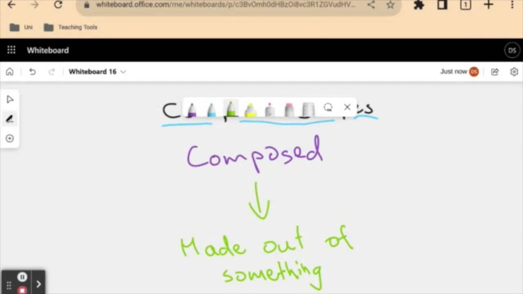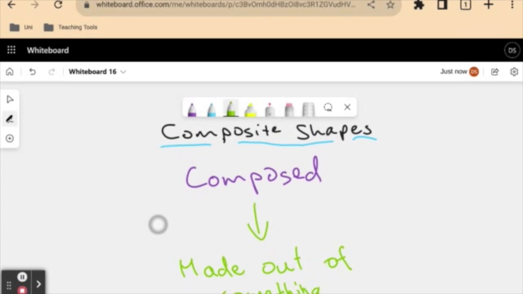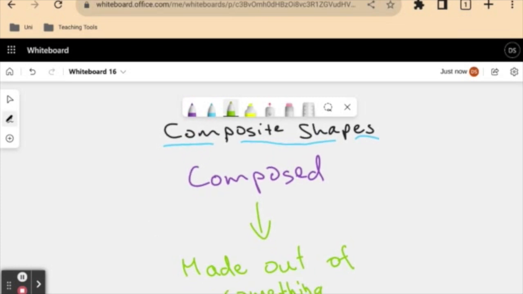And this definition that we've laid out, this idea of something being made out of something, extends to our idea of composite shapes. Our composite shapes are these new types of shapes composed of other shapes. So we take the shapes we actually know and we compose new shapes out of them.